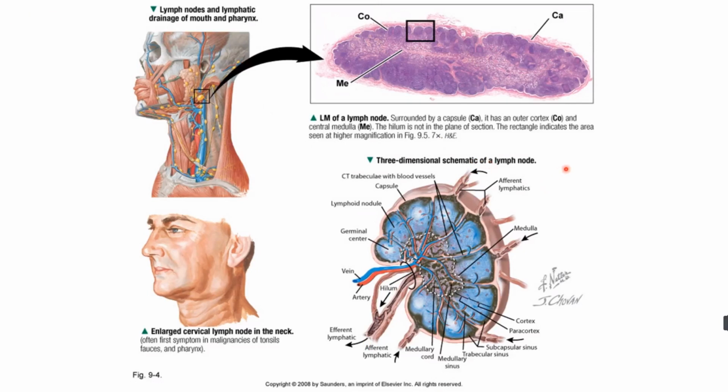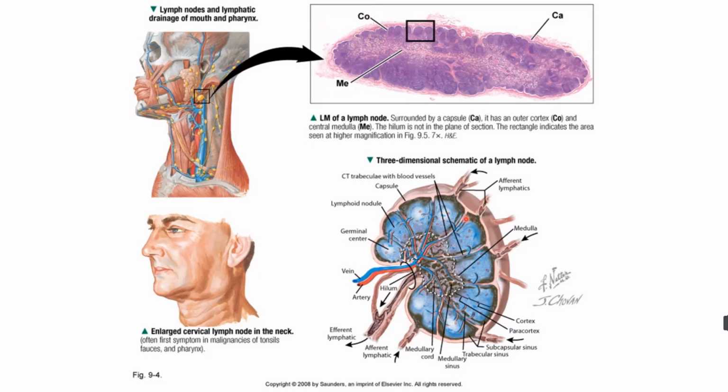So the easiest way to understand the lymph node, and especially the spleen when we get to it in a minute, is to pretend that you're a lymphocyte coming in from here, and then you essentially follow the pathway of that cell as it progresses through the lymph node. So we're out here, we come in, and we are now in what we call the subcapsular sinus.